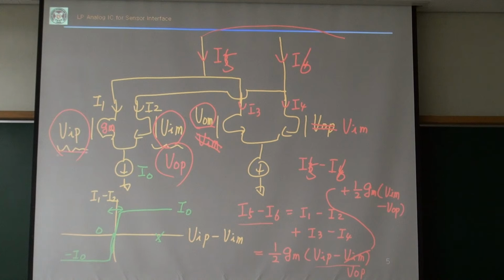Now this VIP flows current, adds current I5. This VIM must add current into I6, right? So this is good. Okay? Question? Nope. Okay. IP minus OP plus OM minus, this is totally wrong. OM minus IM, okay? OM minus IM.